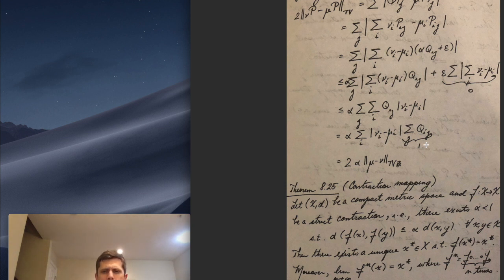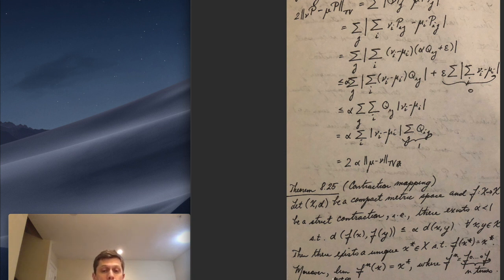Okay. And so I've stated the contraction mapping theorem here from real analysis, which is just if we have a compact metric space (X, d), I'm writing here, and we have some function which is a strict contraction, meaning it satisfies this relationship for some alpha strictly less than 1, then there's a unique fixed point for the function.